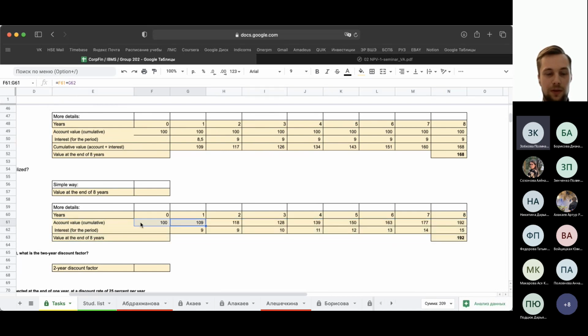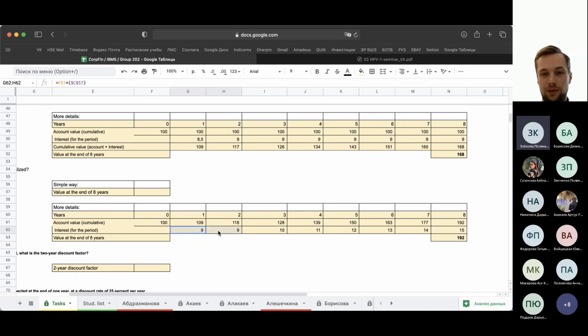So you see that our account value is growing every year with the interest rates. So we earn some interest for the first year and put it on the account value, and the interest of the next year is calculated using this new account value, and that is what's called capitalizing or compounding.